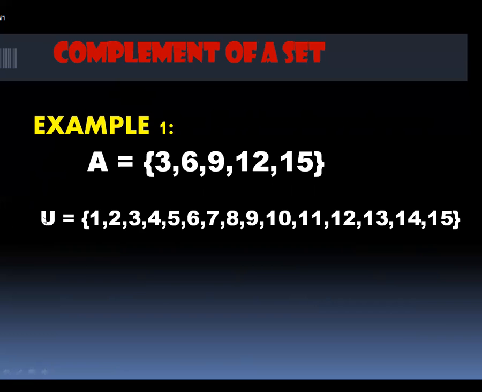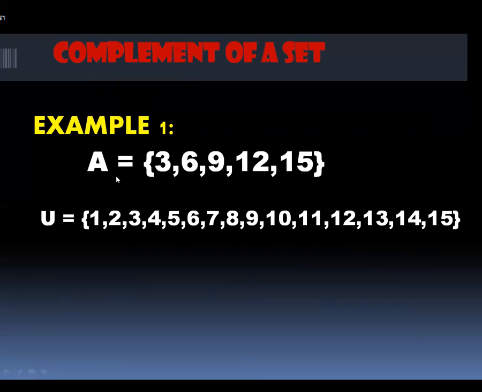So if the universal set contains the counting numbers less than or equal to 15, and set A is equal to 3, 6, 9, 12, 15, in complement of a set, you're going to find out the elements that are in the universal set but not in set A.